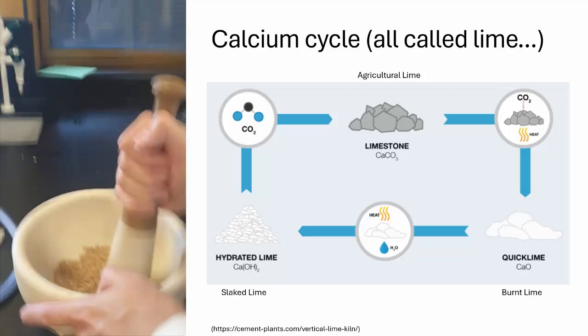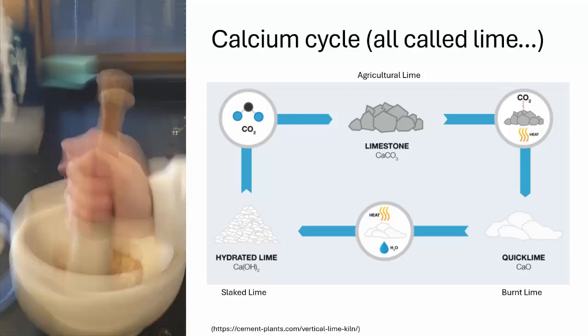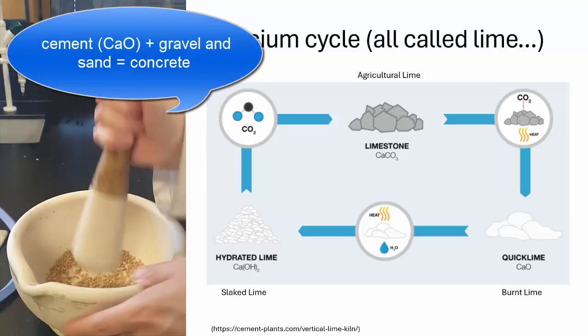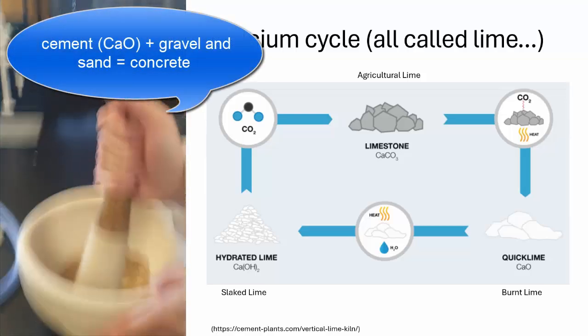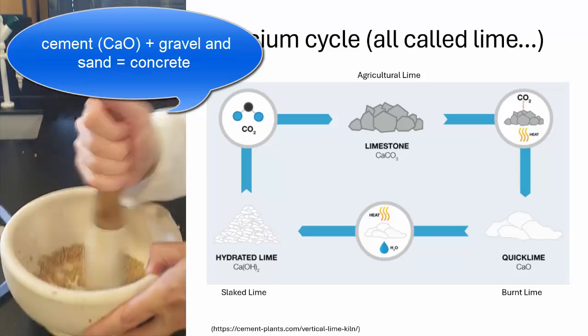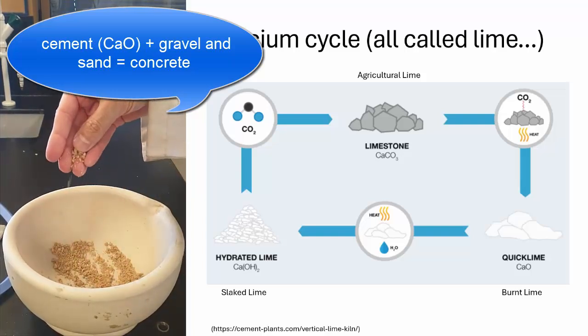And then when you add cement to aggregate, so there's the cement and you add gravel and sand to make concrete, that's the difference between the two, then you get these chemical reactions.